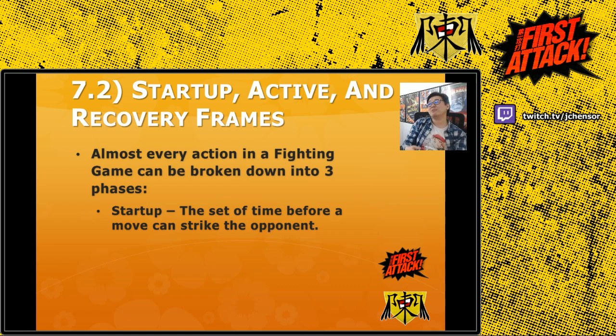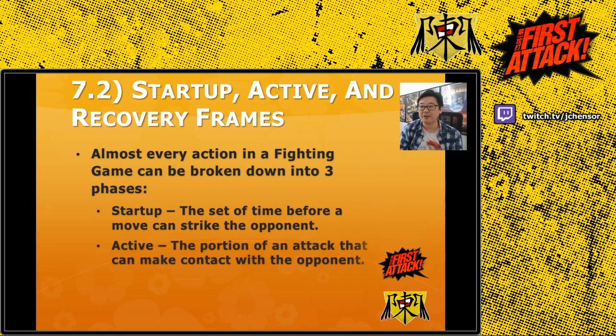The character has to start animating, and even if you're standing right next to the opponent, you're not going to hit in the first few frames of the animation. Then finally, when they fully extend their arm or something, depending on what the attack is, that's when it finally hits. So all those frames that take place before it actually hits are the startup frames of animation. That's what's known as startup.